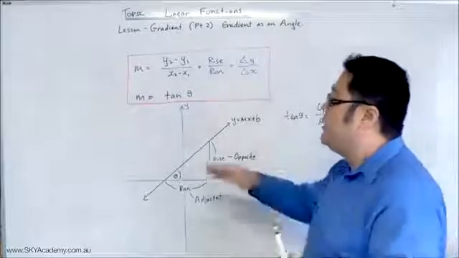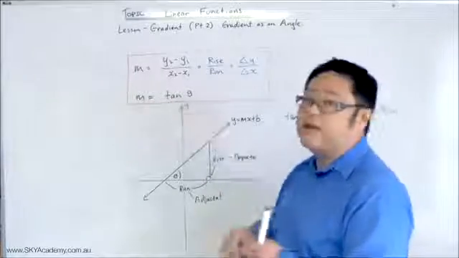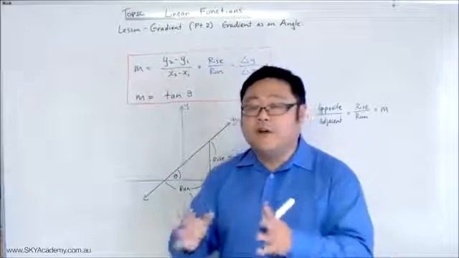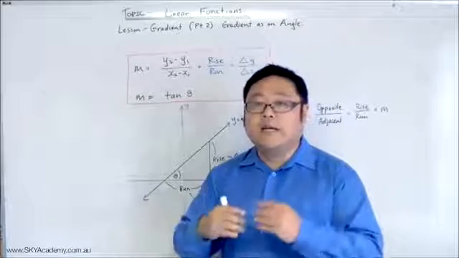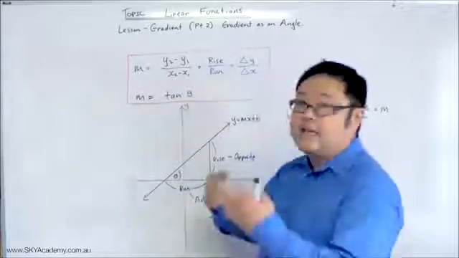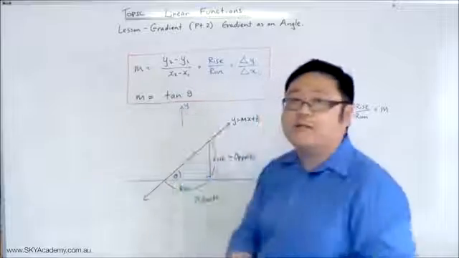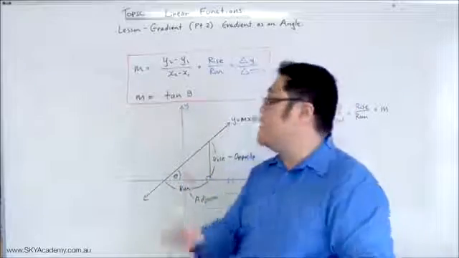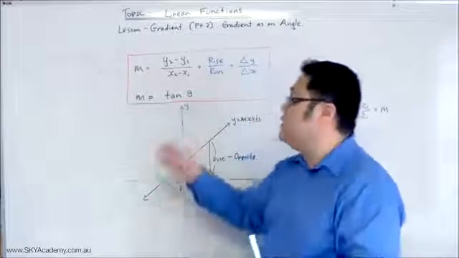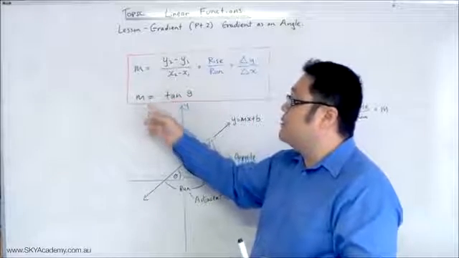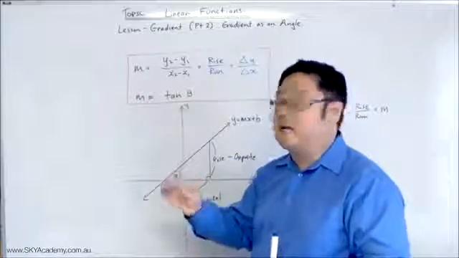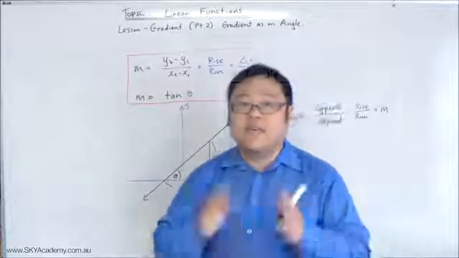So I wanted to go through that with you and highlight that the gradient is equal to tan theta. Alright? Now, for those of you doing extension maths, we'll go into this in a little bit more detail and we'll extend that to angles between two lines. Okay? But if you're just doing advanced maths, just know that you might be required at times to use the fact that the gradient of a straight line is equal to the tan of the angle it makes with the x-axis. Thank you very much for watching.